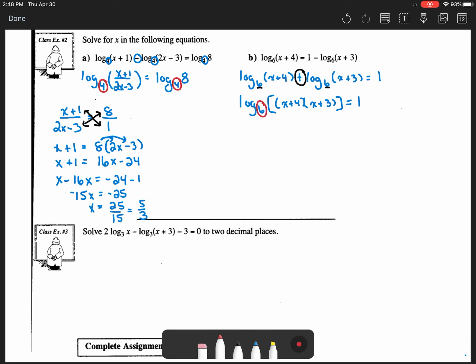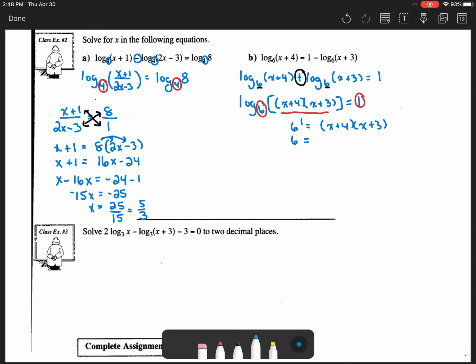So I go 6 to the exponent of 1 equals my argument, just like we've done over and over again. 6 to the exponent of 1 is 6, and that equals the argument, x plus 4 times x plus 3.